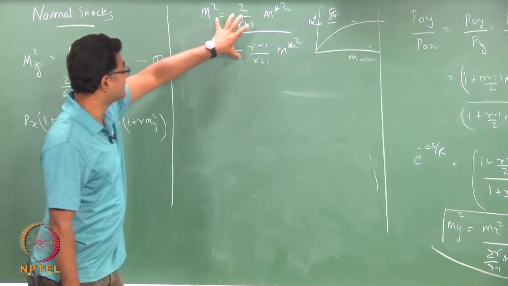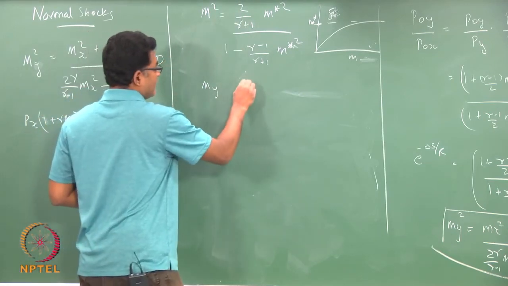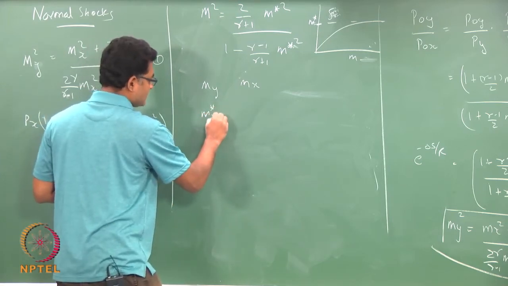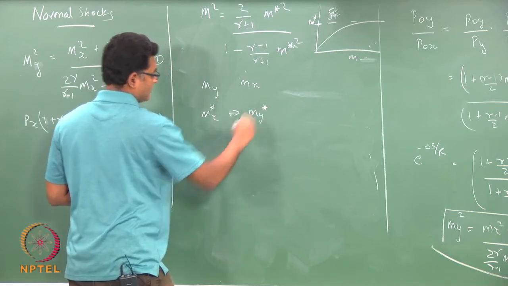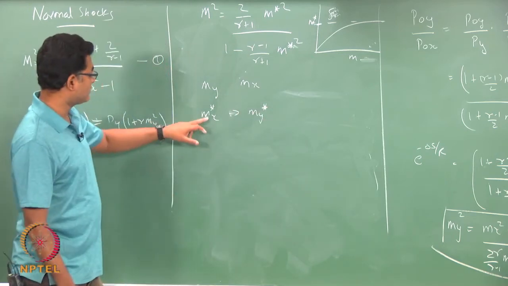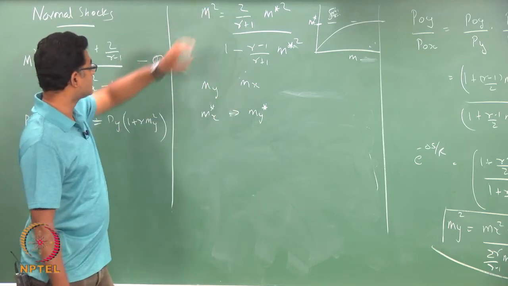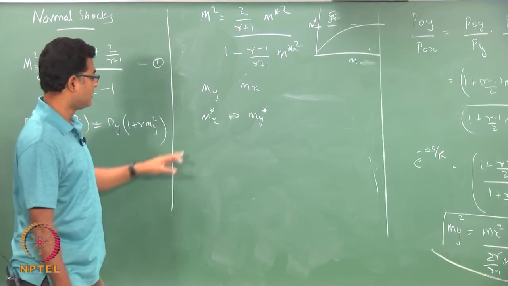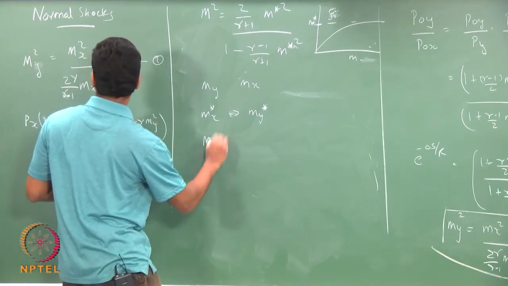Now, we are going to use this for Mx and My and see if my M star x has anything to do with my M star y. Can I relate my Mx star with My star using this relation across a shock?